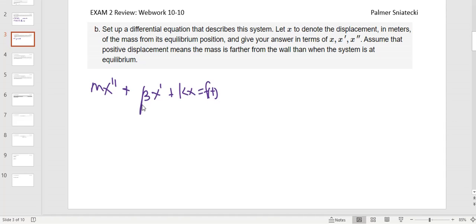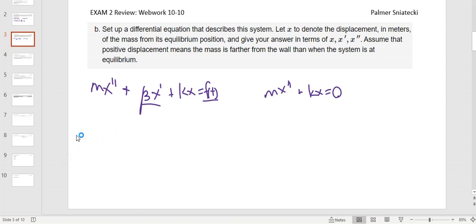Now the nice thing is there's no damping constant and no driving force, so those are both 0. So really it's just m x double prime plus k x equals 0. And all we've got to do is plug our numbers in for that.